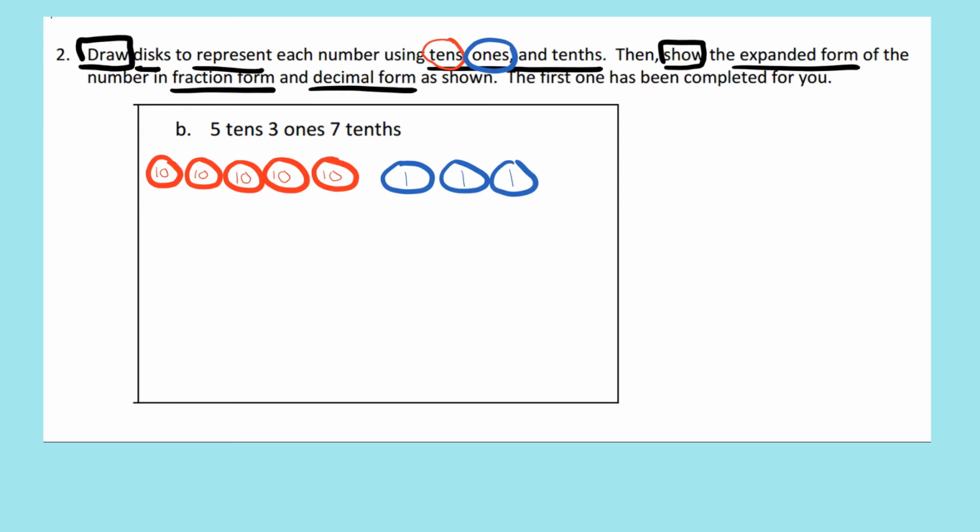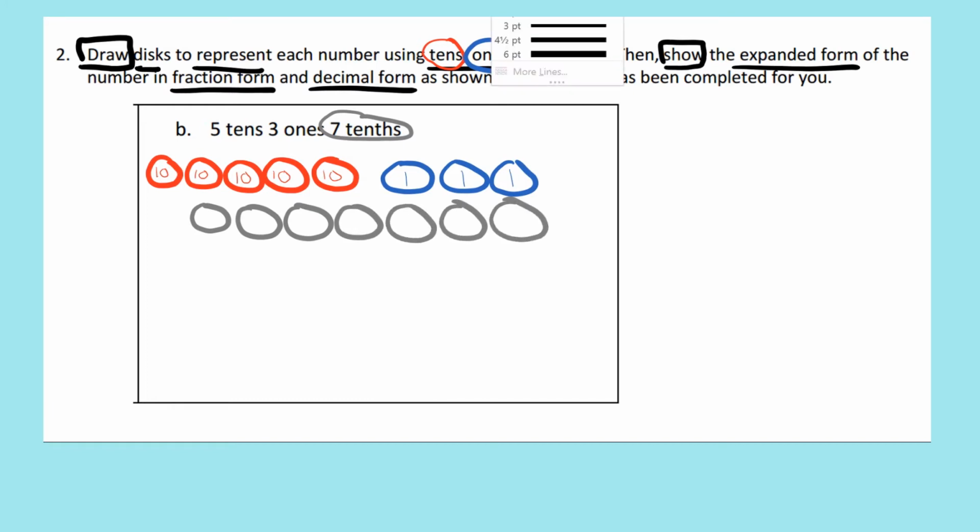Then, my last step is to draw the tenths. And I have 7 tenths, so I'm going to draw 7 discs. And just like I labeled the tens and ones, I'm also going to label my tenths.